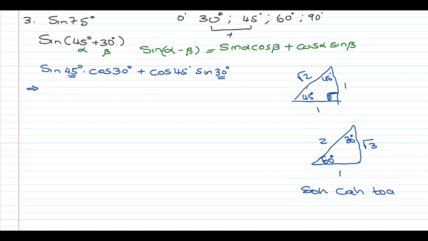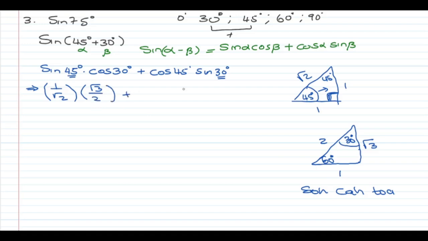So sine is its opposite, which is 1, over hypotenuse, which is root 2. Then let's find the cos 30. If this is my angle, cos is adjacent, which is root 3, over hypotenuse, which is 2.